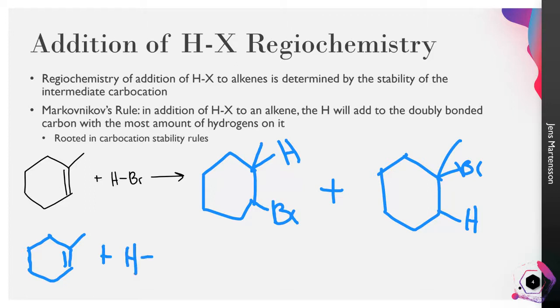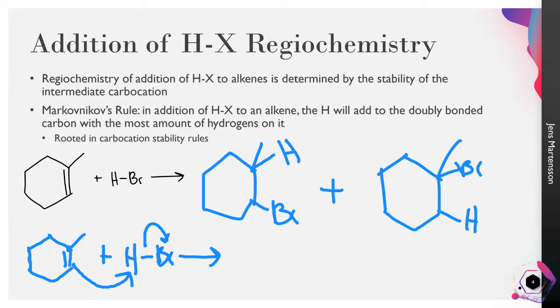So again, you always start this reaction with the arrow coming from the double bond to the hydrogen, okay, because this double bond is nucleophilic, hydrogen is electrophilic. So there it goes from the double bond to the hydrogen. Okay, this HBr bond breaks, and those bonding electrons go to the bromine. Okay, so here, this carbon here has no hydrogens on it, right?